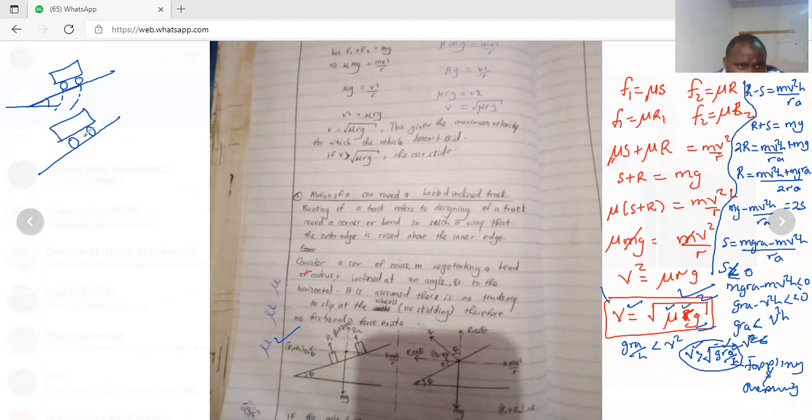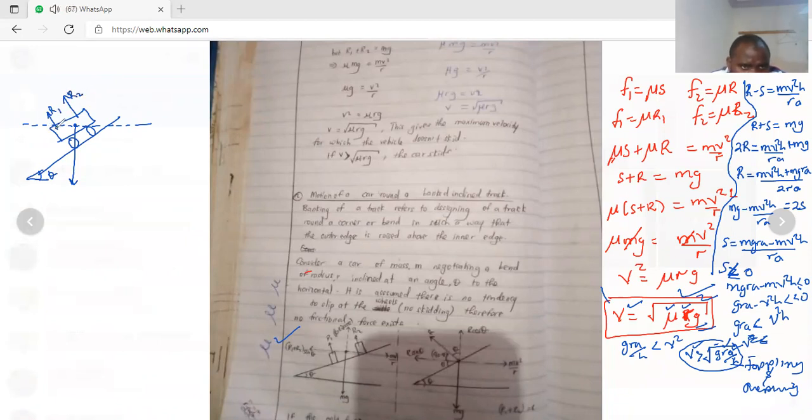Now, this car has its weight as usual, and the road is inclined at an angle theta. Along the horizontal, we shall have components of the normal reaction from the tires. For example, one tire has a reaction R1 and the other has a reaction R2.